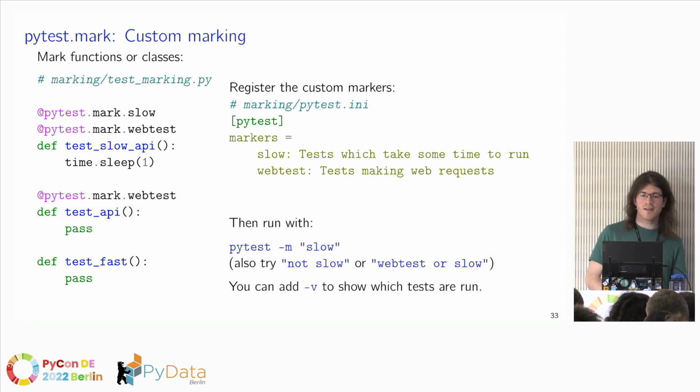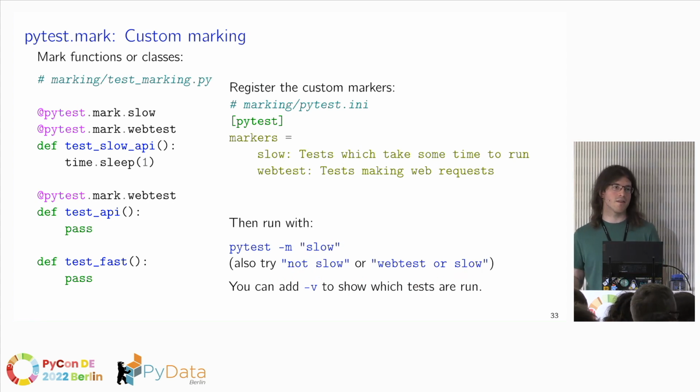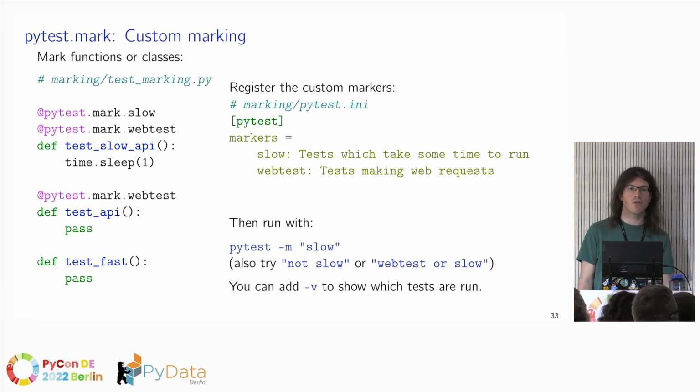Then when running pytest, we can use -m and give an expression to filter by those marks. So say, only run the slow tests, or with a Python-like expression: not slow, webtest or slow. We can also use and, of course. We can use parentheses, not, just a logical Python-like expression.